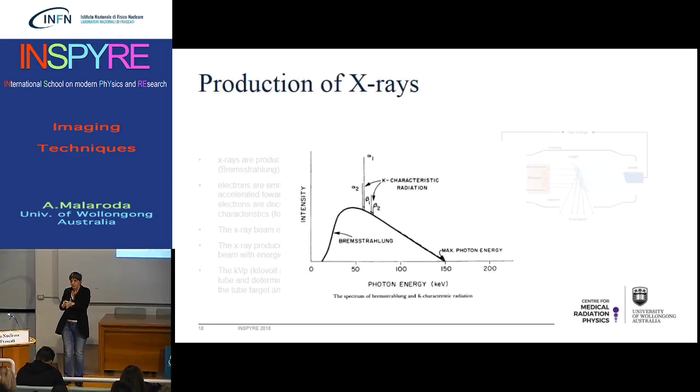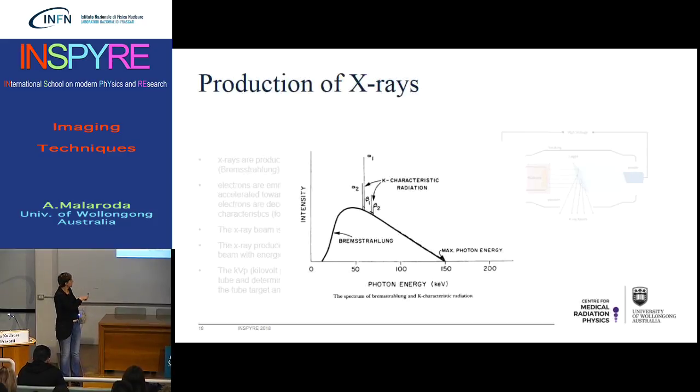From the medical point of view, if I have to produce X-rays using an X-ray tube, I'm kind of happy that that happens. Why? Simply because if this is the photons and the energy the photons are going to have at the exit of my X-ray tube, I'm losing photons at low energy that will have very low probability to leave the patient.